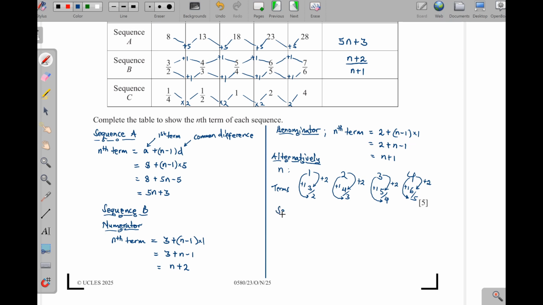Okay, and to find the nth term of such sequences, the nth term is given by a r to the power of n minus 1, and a is the first term, then r is called the common ratio, where you say this one divide by this.